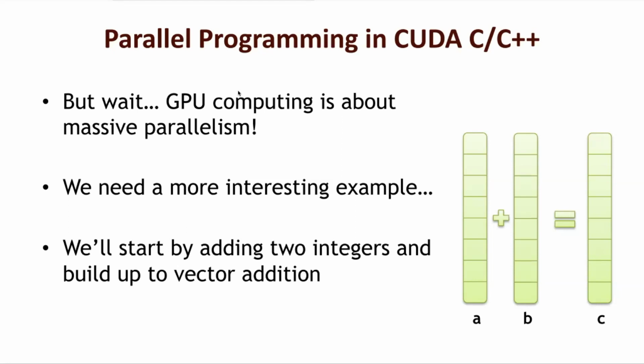These are virtual threads. I'm not going to talk about physical ones, because different versions of GPUs have different numbers of cores, but the virtual threads are more relevant to programmers. You don't need to worry too much about how many cores you have, because CUDA handles the mapping between the virtual threads and the cores internally.